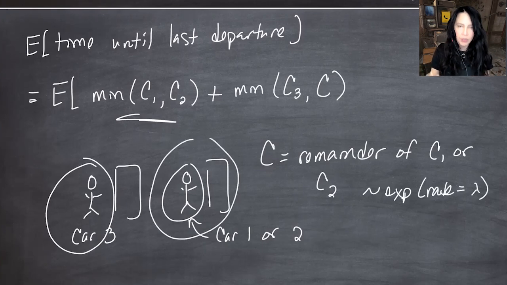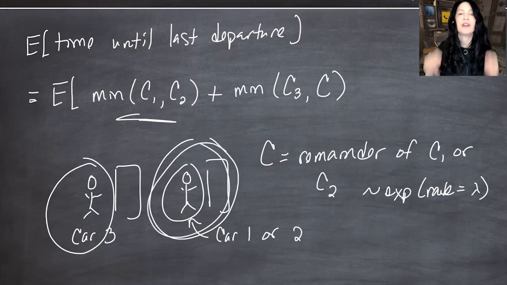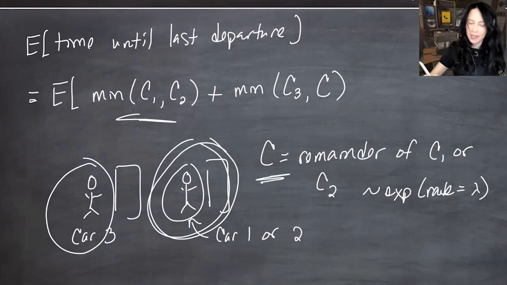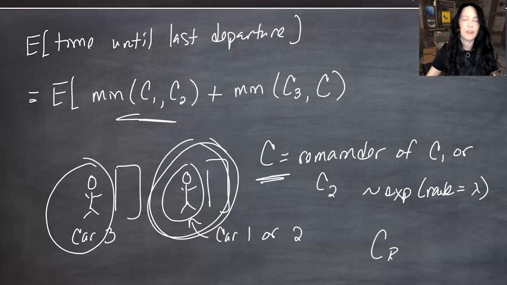Like this car that was left over started with an exponential amount of time, and so did a car at the other pump. And then that one left first. And so the time left for this car is still exponential with rate lambda. So I don't know if it's C1 or C2 left over. I'm just going to let C be the remainder, or maybe C sub R, remainder time.